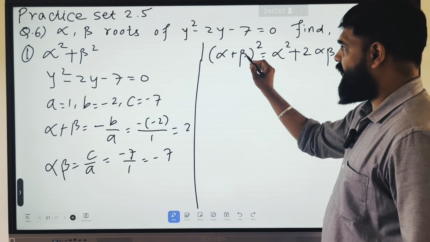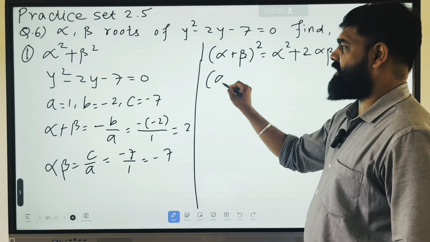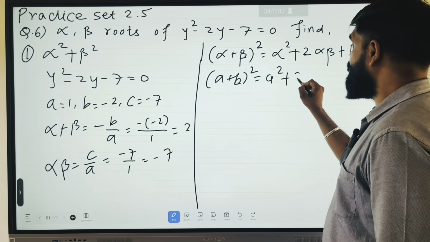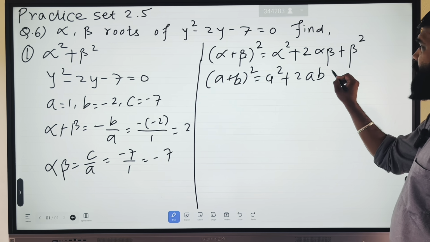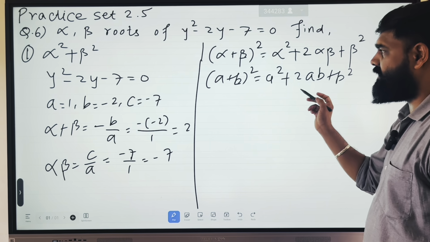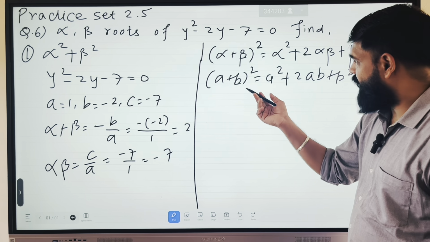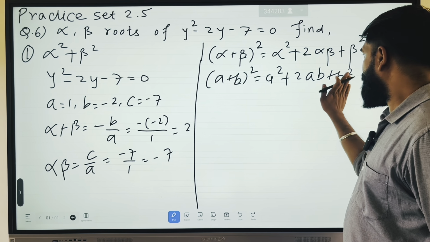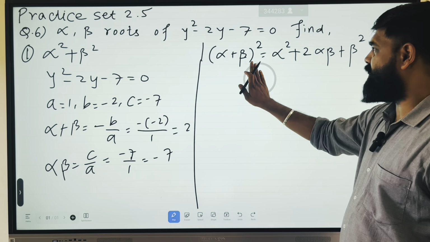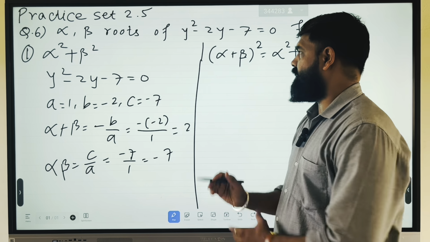It means this is the identity a plus b whole square is equal to a square plus 2ab plus b square. Instead of a and b, we have used alpha and beta here. So let us solve this question by using the identity.